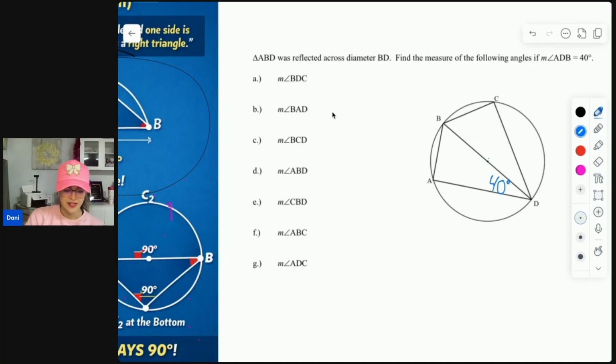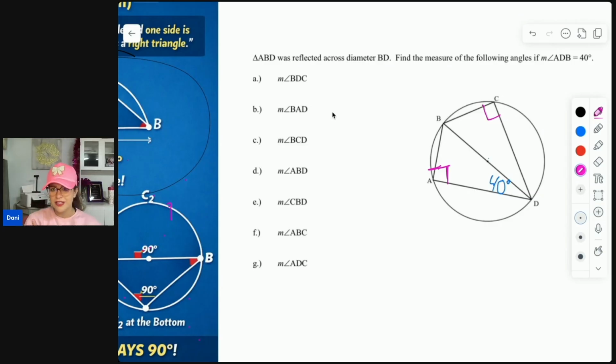We want to find all these other angles. Well, using Thales theorem, we know that because this is a diameter, this inscribed angle will be half its intercepted arc. Half of a circle is 180. So this is 90 degrees, and so is angle C. So angle A and angle C are 90 degrees right off the bat.